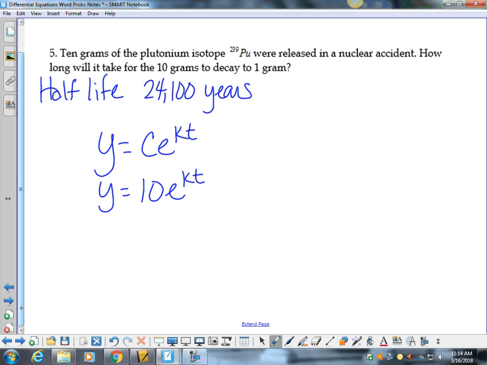So where do I put what? What goes in place of the Y? 5. Because what's T stand for?